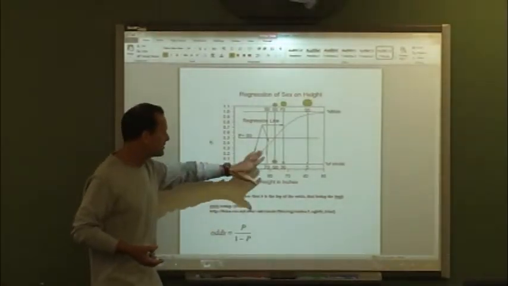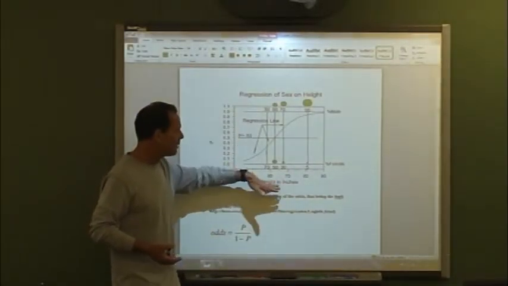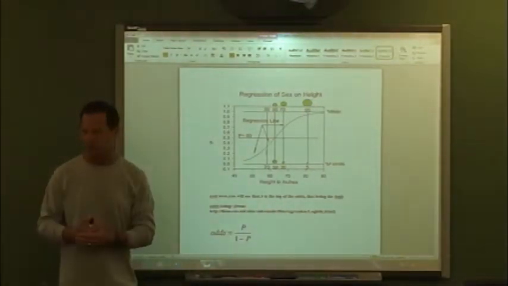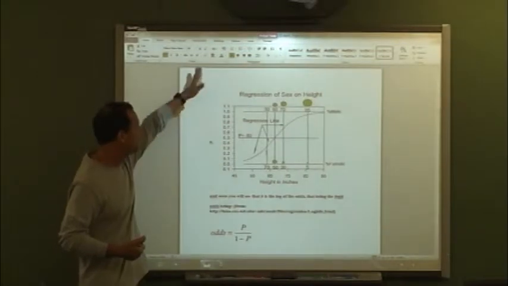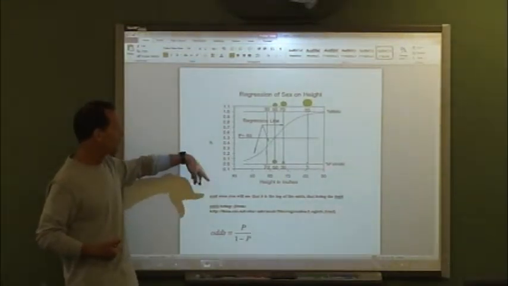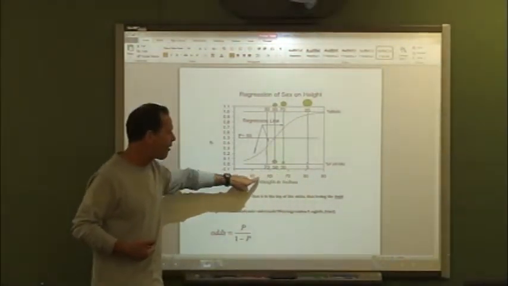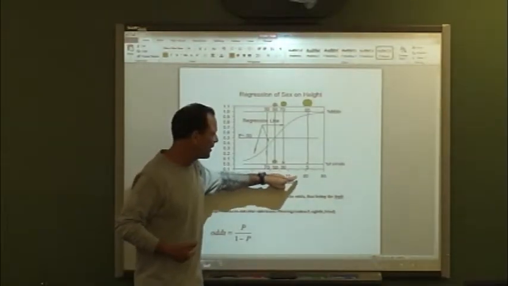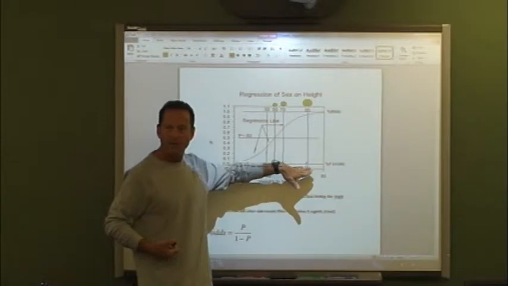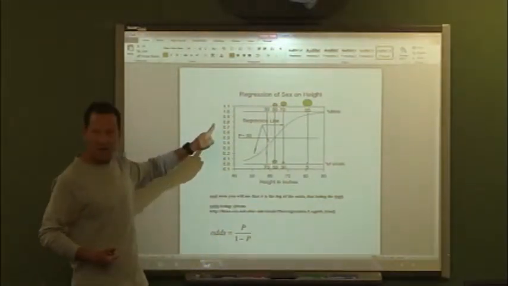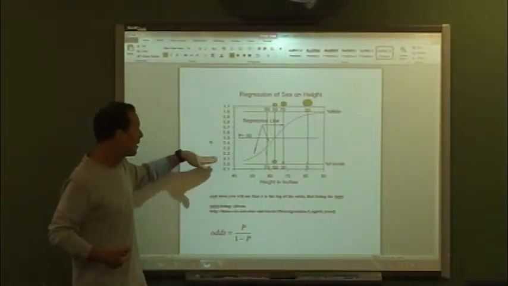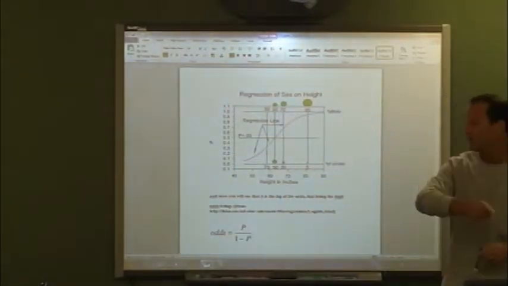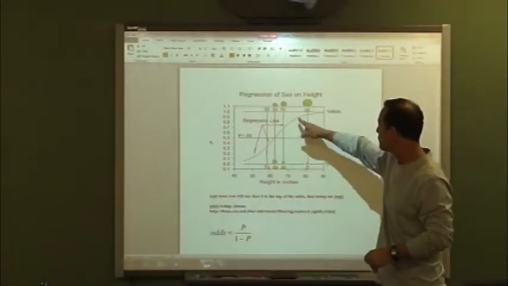But let's change this. Instead of being height, it could be some type of intelligence measure and the probability of getting an item correct. Do you see, along all aspects of the domain, the DV, you can see what's the probability of getting an item correct, the probability of the outcome given their score. And that S-curve captures it really nicely. So it's kind of like a cumulative distribution function.